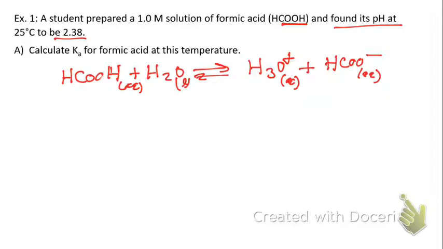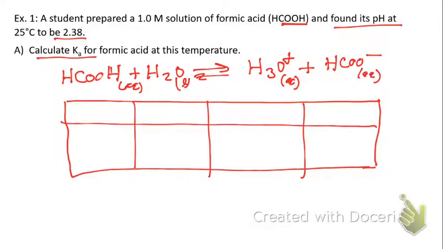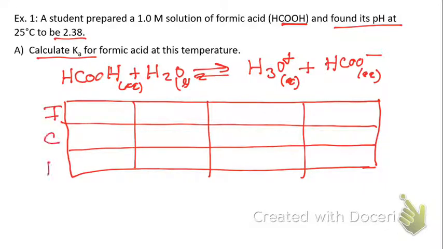Now, since it is an equilibrium situation, to calculate the Ka value, we're going to have to use an icebox. So I'm actually going to draw an icebox out for this. All right, so we're going to fill in ICE.